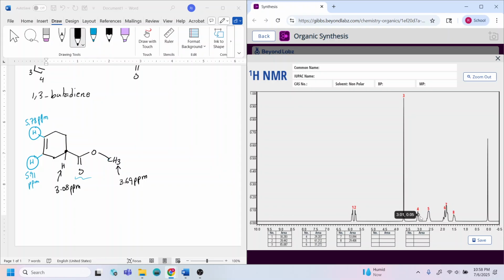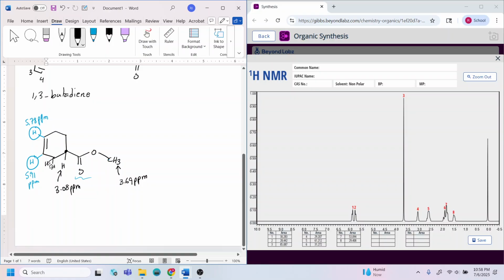So position number 5 now, number 5 is going to be between the double bond and the carbonyl, so probably it's this one. This one's going to be position number 5. It's because it's going to be the more de-shielded than position number 6, 7, and 8.